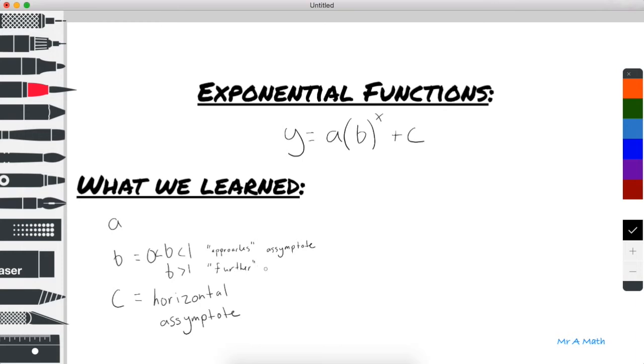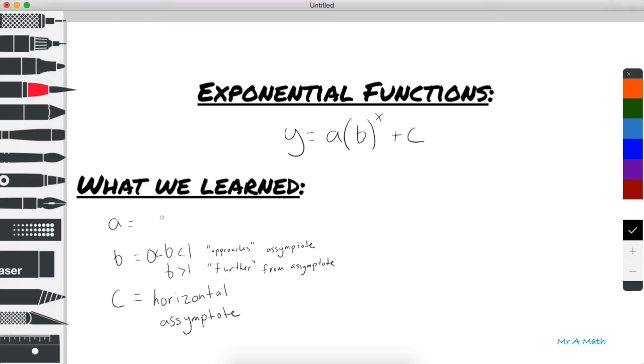This is kind of slang terminology, but basically what we're trying to say is that if I have b being greater than 1, wherever my horizontal asymptote is, as I go to the right on the graph, it is going to get further from that asymptote. And if b is less than 1 but greater than 0, as I go to the right of the graph, it's going to get closer to the horizontal asymptote.